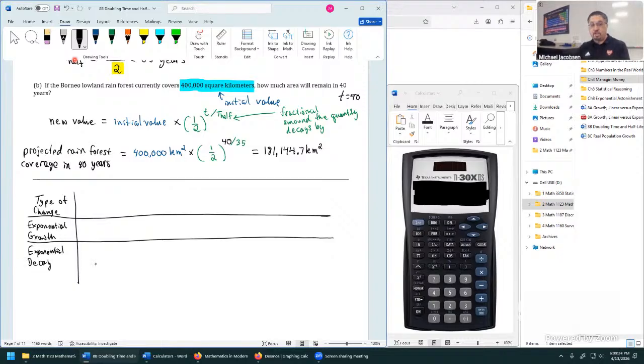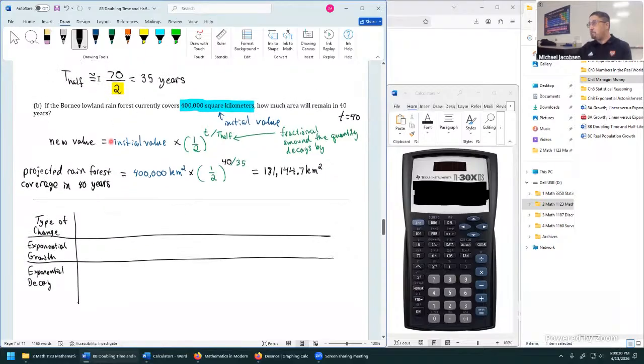So we have that type of change to consider first. Aside from that, we also have a time that's incredibly important. It's either a half-life time or a doubling time. The formulas are all approximate. We put those little squiggly lines there to say we're approximating. So we'll call this next column header approximate time.